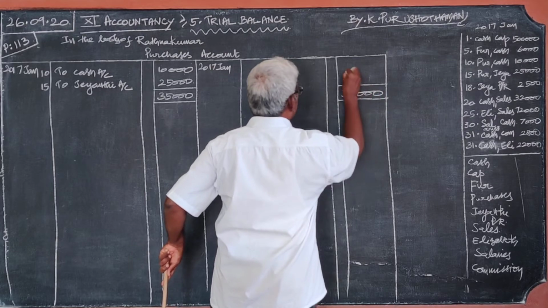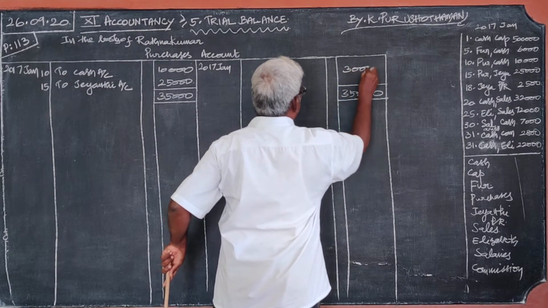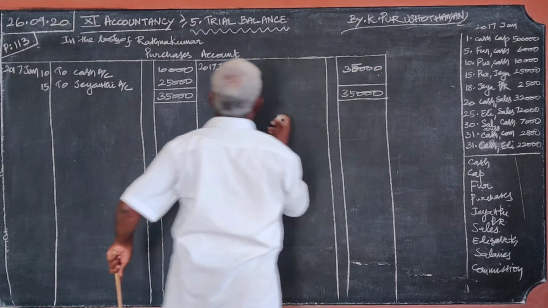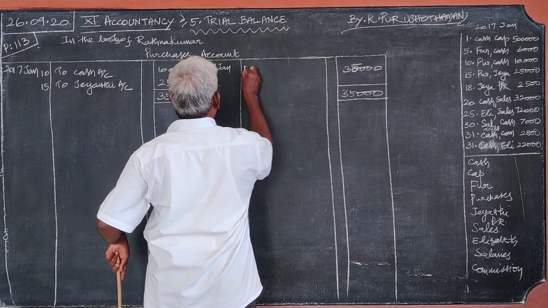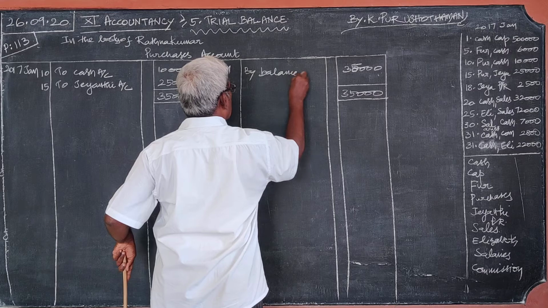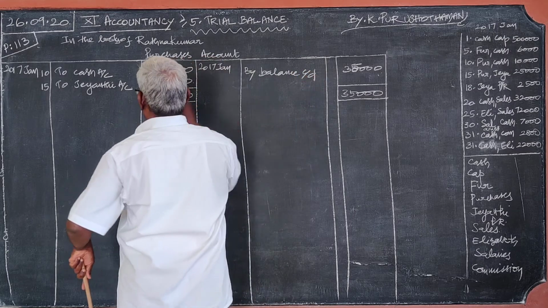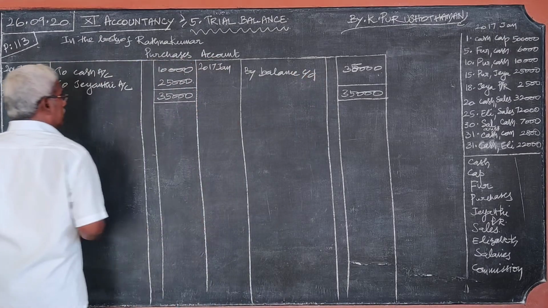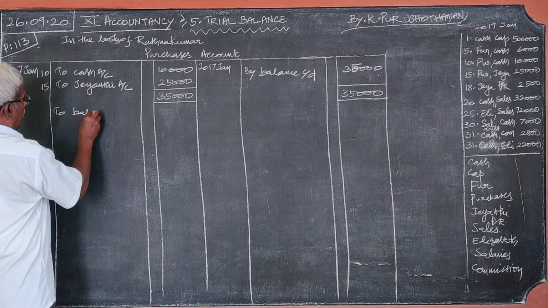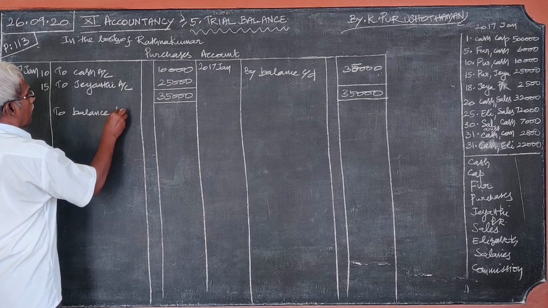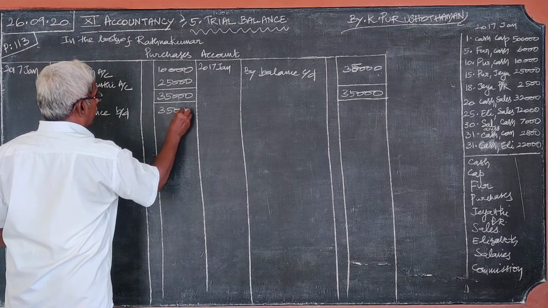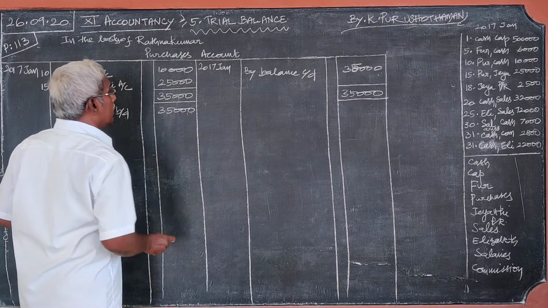How much is missing here? The entire 35,000 is missing. So again the missing amount, that is the balancing amount, by balance carried down, and on the opposite side to balance brought down, the same 35,000.